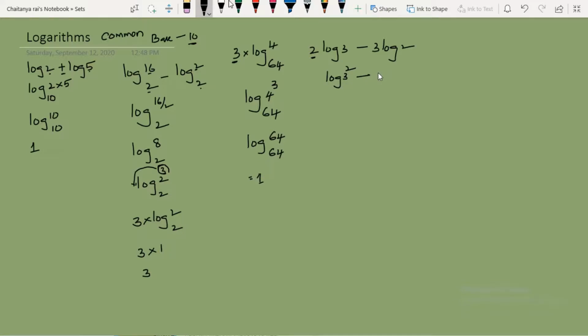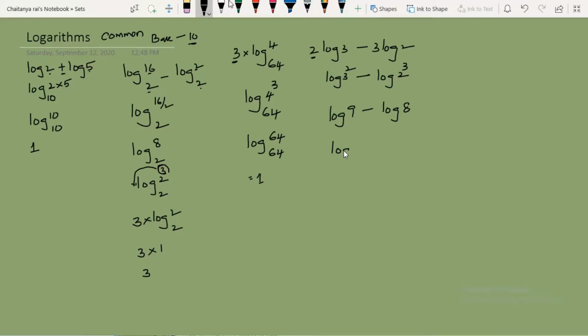Since we have a negative symbol between logarithms, we have to divide the arguments. First we write the value of 3 square as 9 and 2 cube as 8, and now I write it as log of 9 divided by 8. This is the final value.